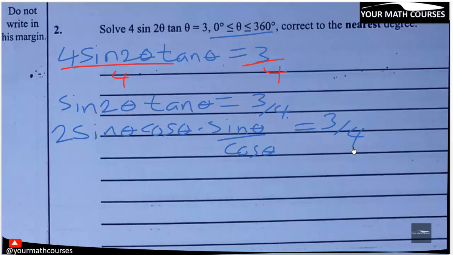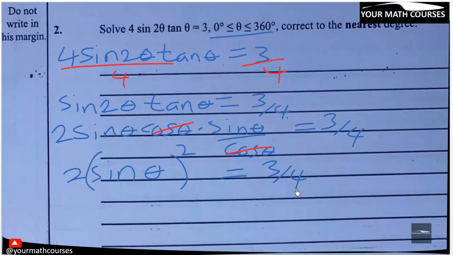So we are obtaining, when we simplify this, sine squared theta times 2. So 2 sine squared theta will be equal to 3 over 4.